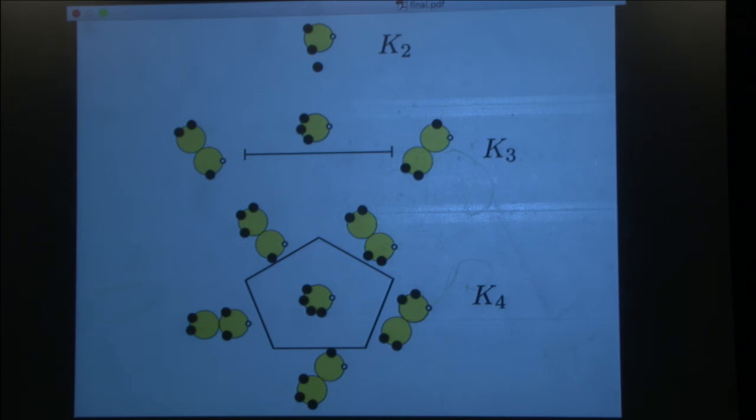moduli spaces corresponds to one of the relations involving the mu d's. So K2 tells you that mu2 is a chain map with respect to mu1. There's a preliminary relation that mu1 squared is 0, so you can regard it as a differential. K3 tells you that, well, these 2 points correspond to the 2 different ways of composing mu2 with itself, and the failure of mu2 to be associative is governed by mu3.